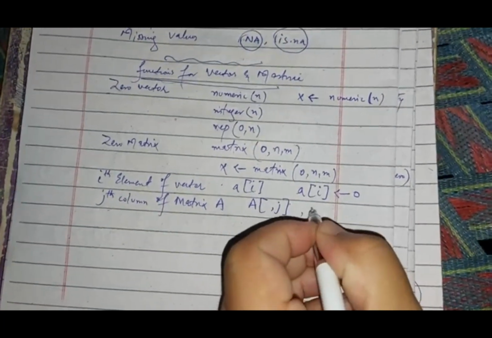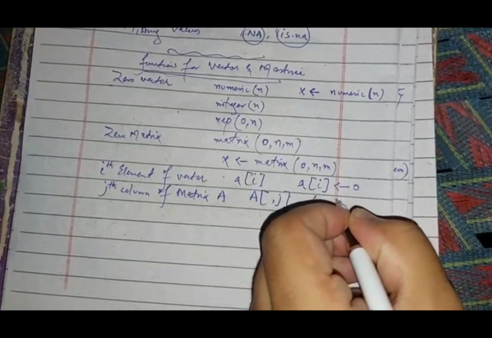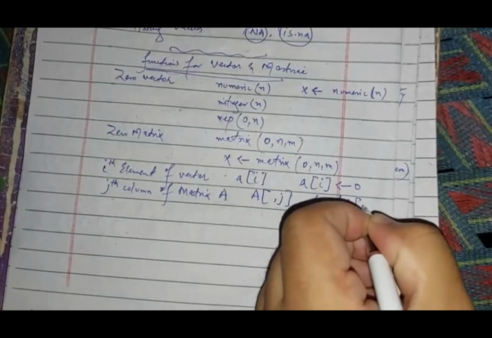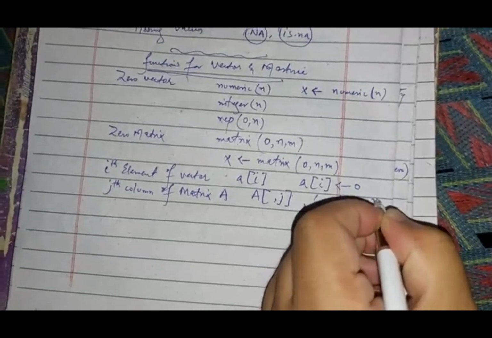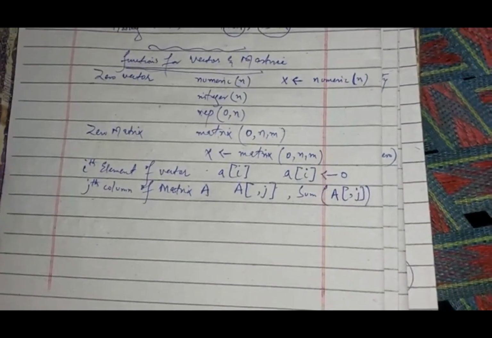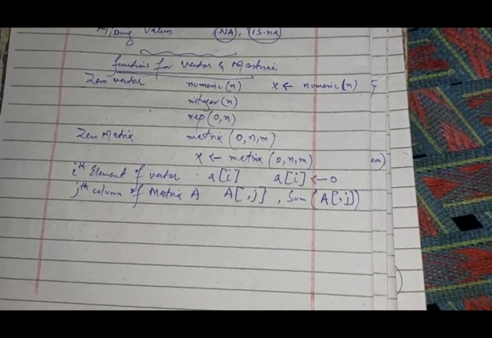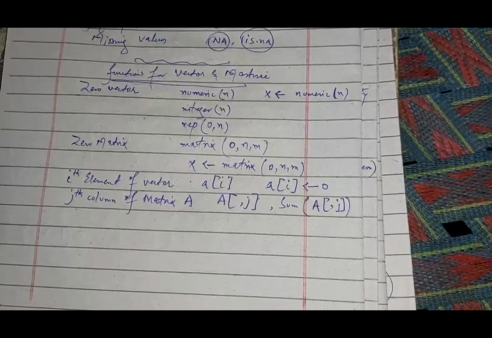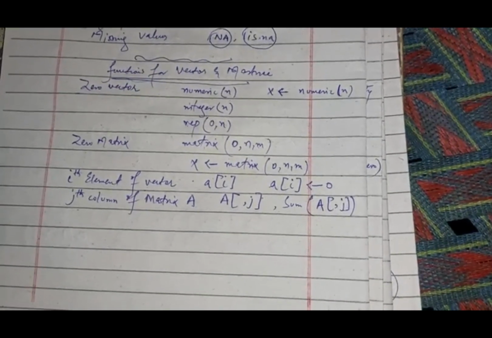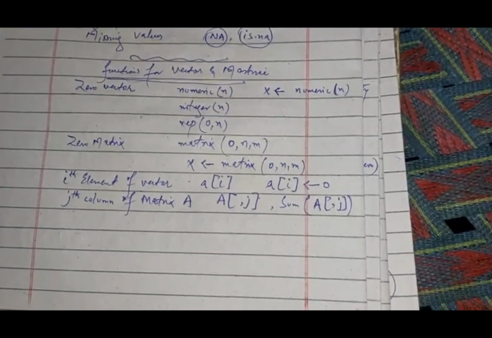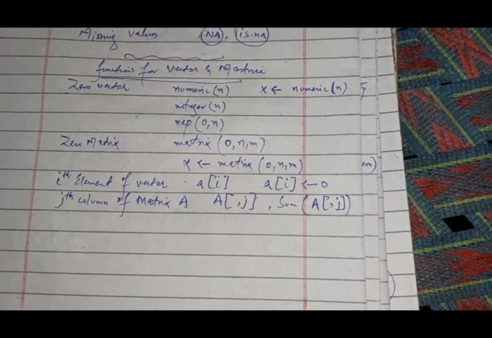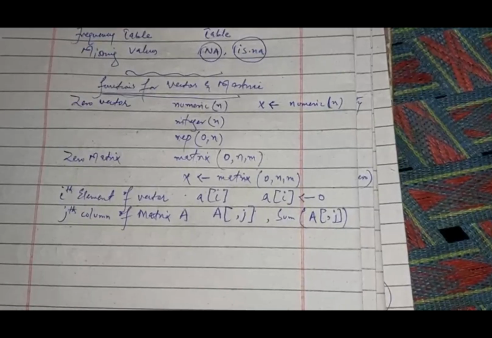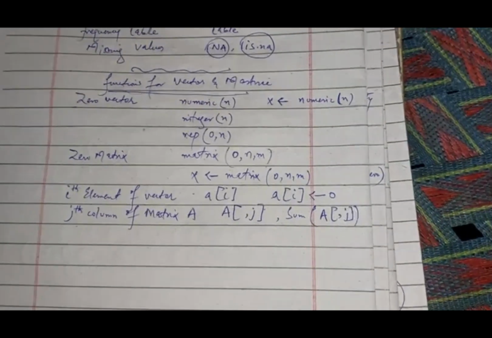For example, the sum of the jth column, so it will sum all the jth columns. Similarly we can multiply, we can have the transpose of it, inverse and diagonal, all of these. I will send you a list of it. So these are all the functions for vectors and matrices and commonly used functions.